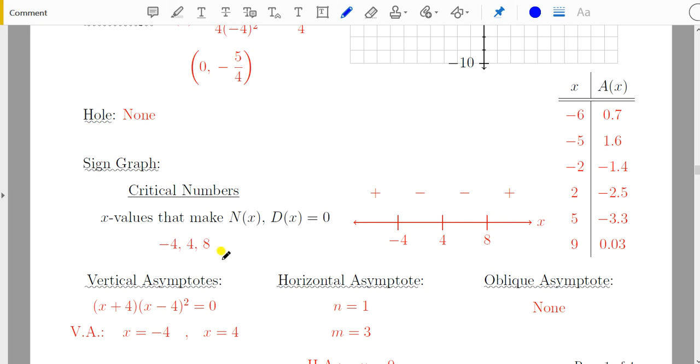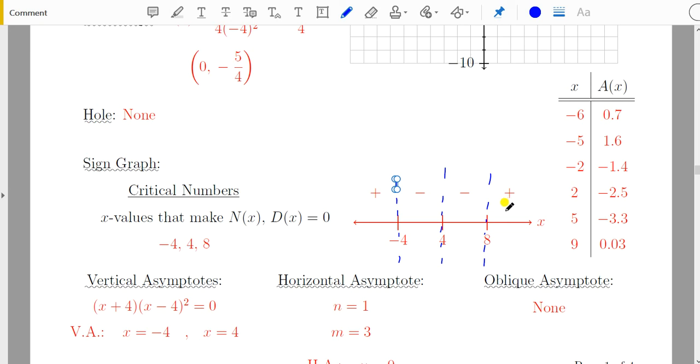These three values are the critical numbers. So we plot them on the number line. Now we know that minus 4, 4, and 8 will divide the graph into 1, 2, 3, 4 different regions.